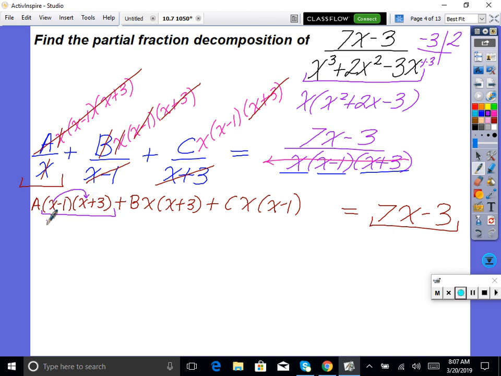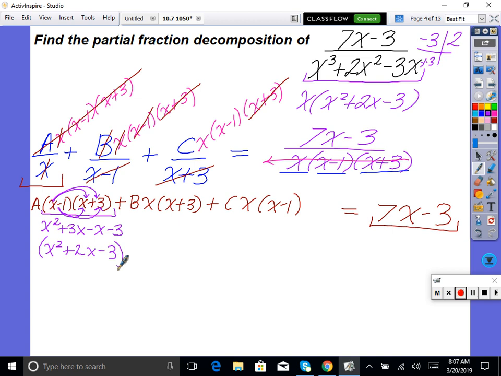X times x is x squared, right? X times positive 3 is plus 3x. Negative 1 times x is negative x. Negative 1 times positive 3 is negative 3. Combine like terms. X squared plus 2x minus 3.